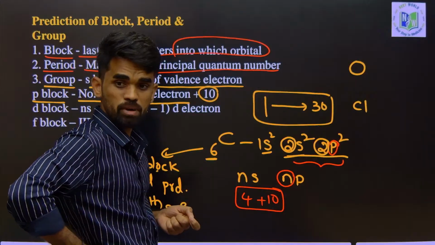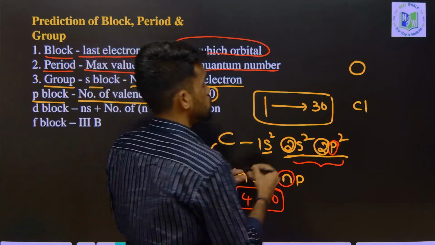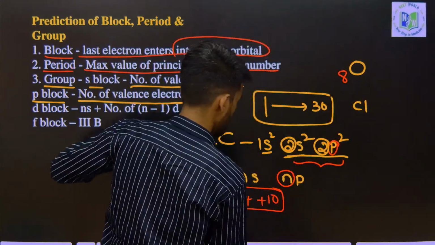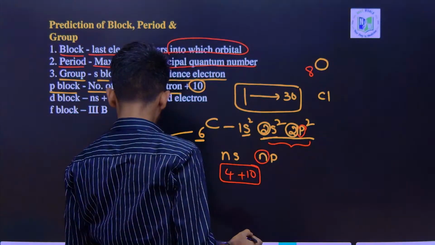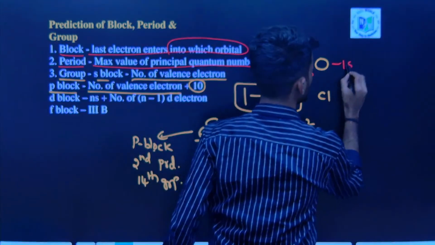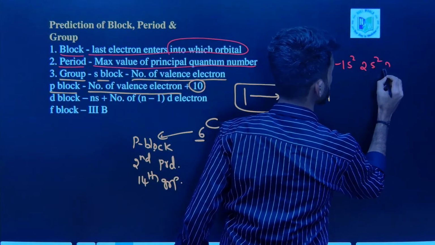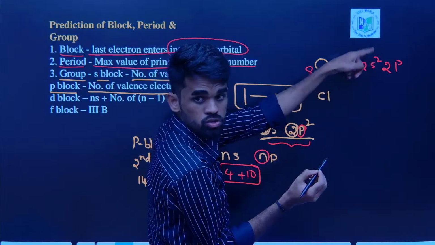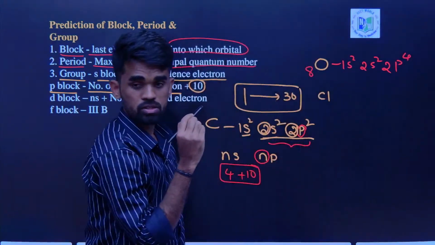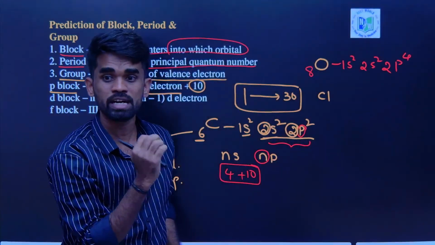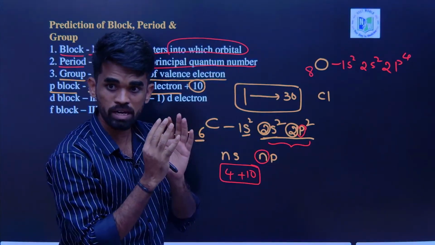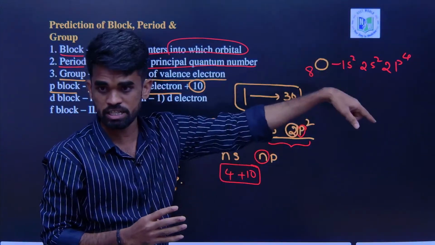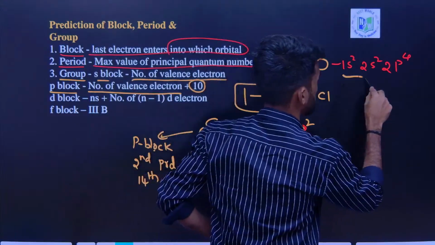So what is the atomic number of oxygen? 8. So write the electronic configuration. Write 1s2, 2s2, 2p. Out of 8, 4 is over. So the remaining 4 we can write here now. The p subshell can accommodate a maximum of 6, so it cannot exceed 6. So you can write 4, completely over.